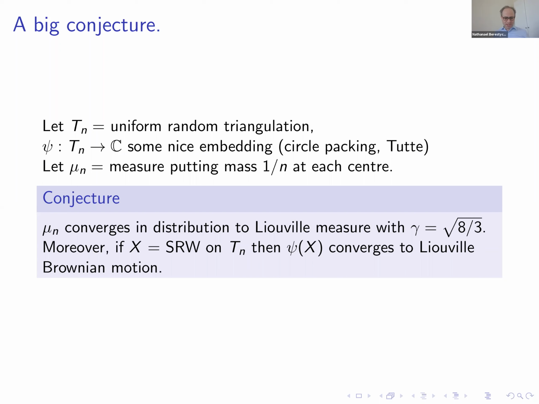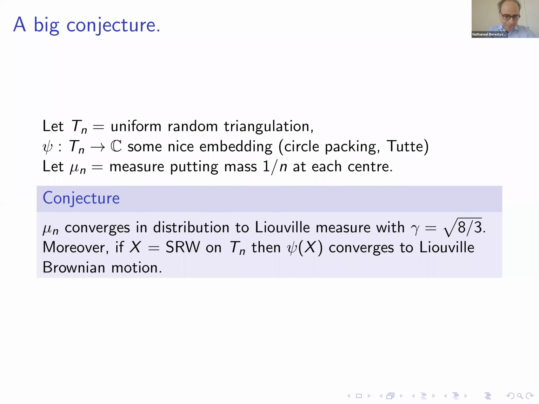And the conjecture says that as n tends to infinity, this should converge basically to a variant of Liouville measure with parameter gamma equals square root of 8/3. I've already said that this parameter plays a special role in the theory.